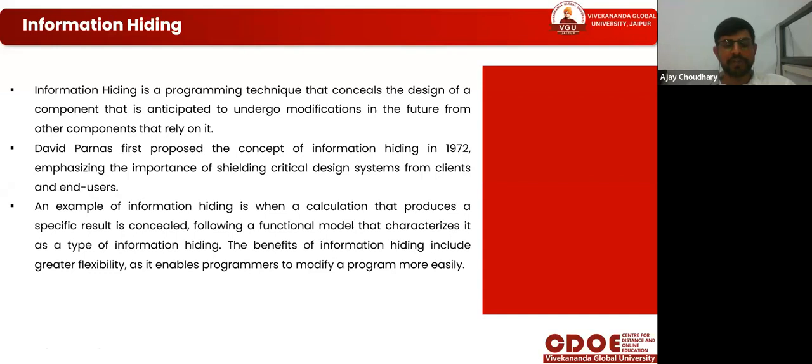So we need to hide some information from unauthorized access, which means we publish one project, but someone else takes our code from our project and builds another, similar software. So it helps us keep our code secret and private. So it is a critical design system.